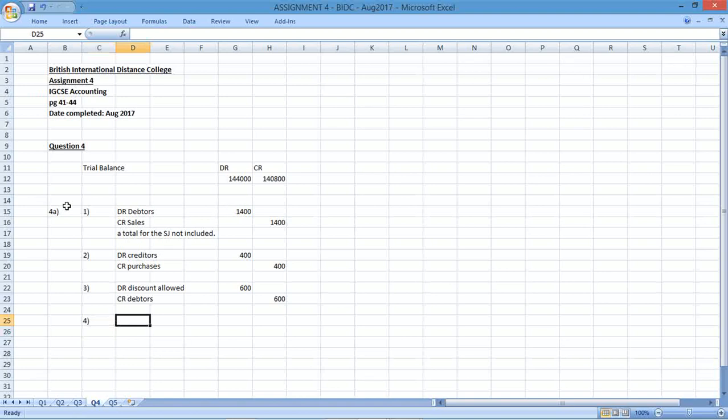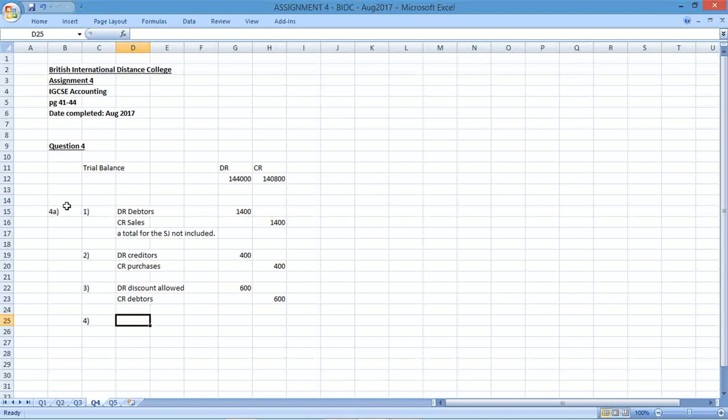Mistake number 4 says cash received from a debtor, 800, had been entered in the cash book but not been entered in the customer's account in the sales ledger. So in the sales ledger, there would have been a separate account for that particular customer. The cash received from a debtor, 800, had been entered in the cash book. So that means our cash books are correct. Our cash books would have been transferred to the general ledger, so we can assume the general ledger is also correct.